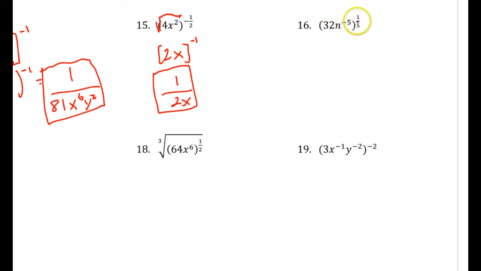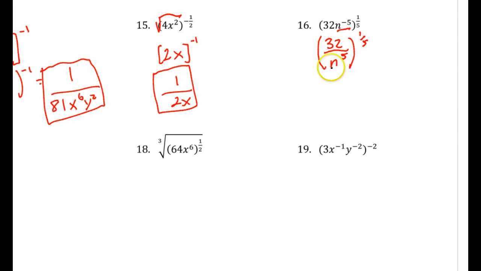32n to the negative 5 over, to the 1/5 power. Let's see here. A couple ways we can do this. Inside the parentheses, that negative 5 power, if we move the n to the negative 5th power to the bottom, it will look like this. And then the 5th root of that.